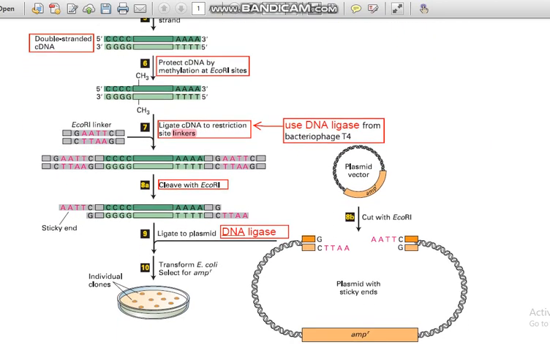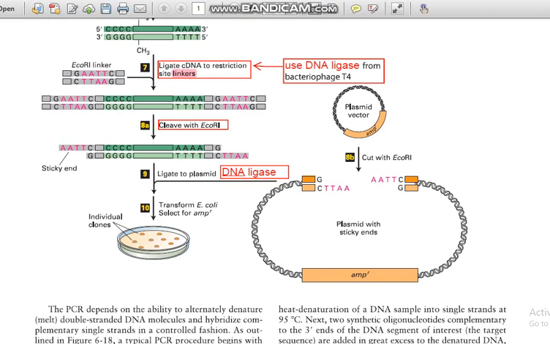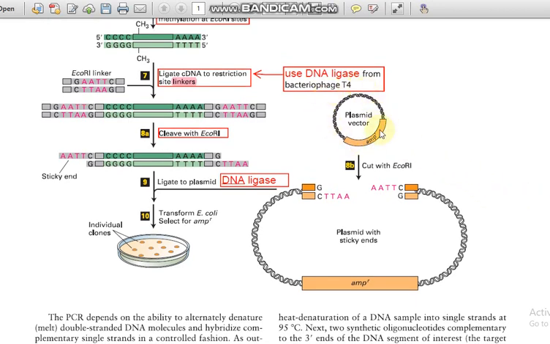Now we are using a restriction enzyme, the same restriction enzyme whose restriction site is present in this linker DNA. This restriction enzyme cleaves the linker and produces sticky ends. The same process is used with the plasmid vector. This is the plasmid vector which has an ampicillin resistance gene which acts as a selectable marker.